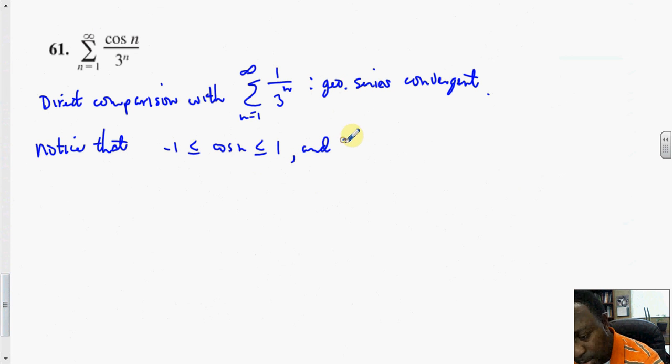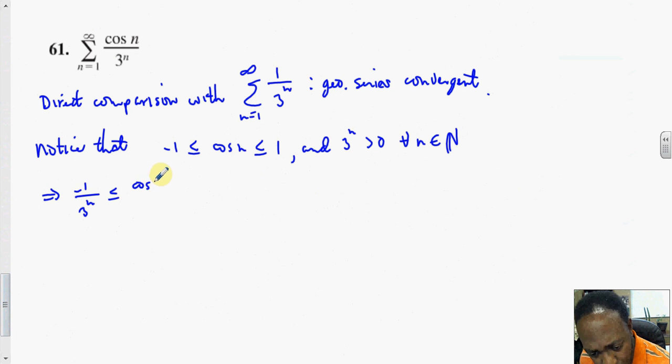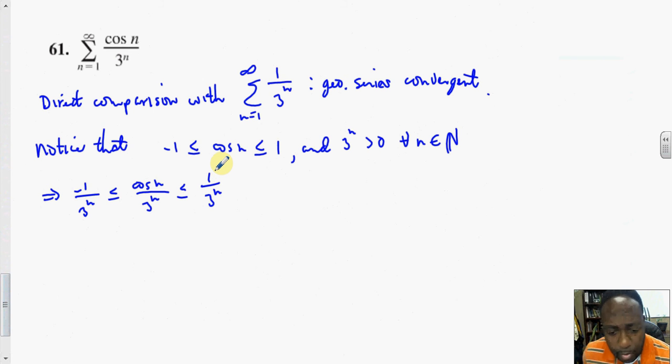And 3 to the n is positive for all n, that's a natural number. So this implies that -1 over 3 to the n is less than or equal to cosine n over 3 to the n, less than or equal to 1 over 3 to the n.